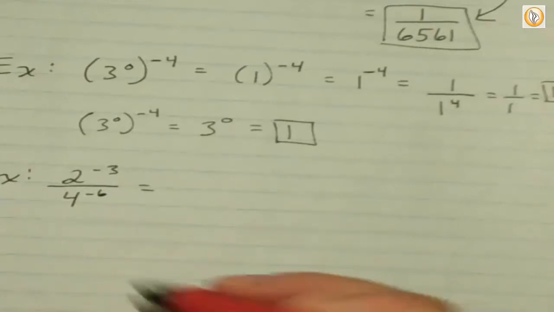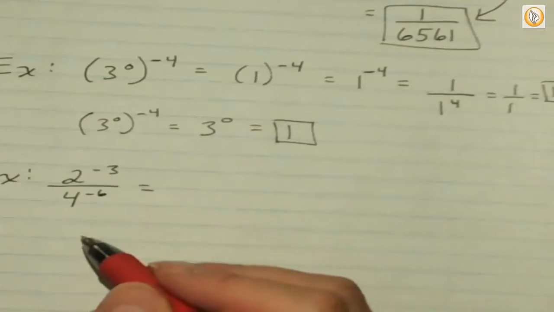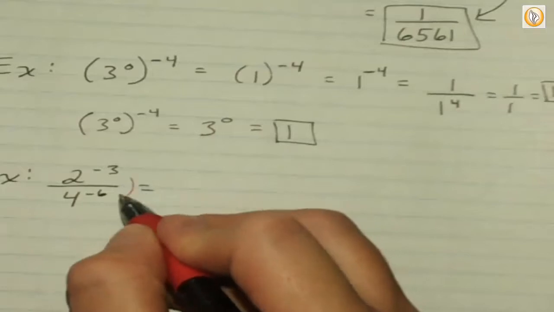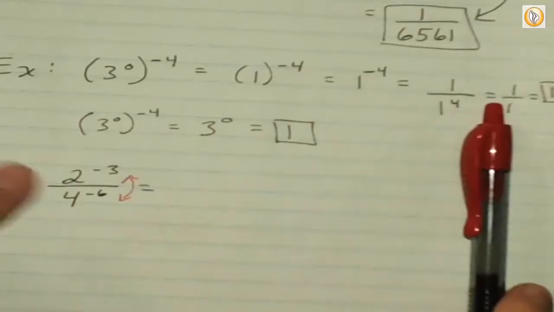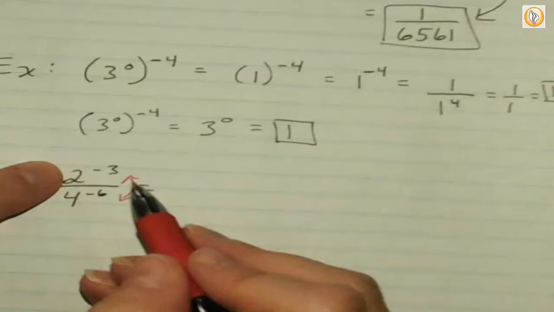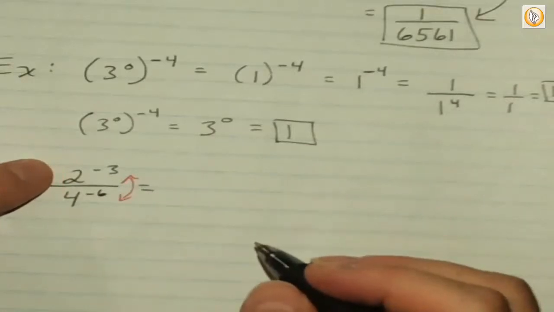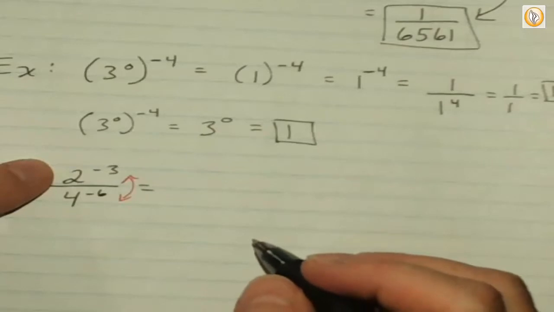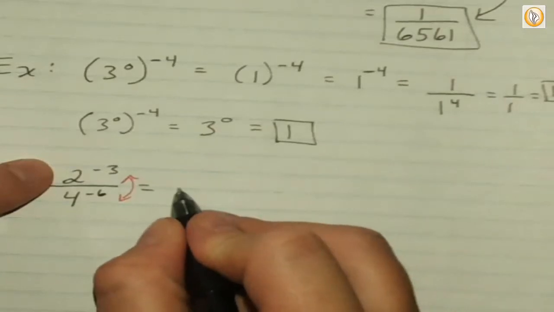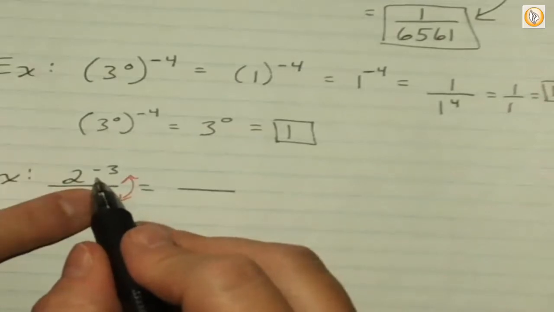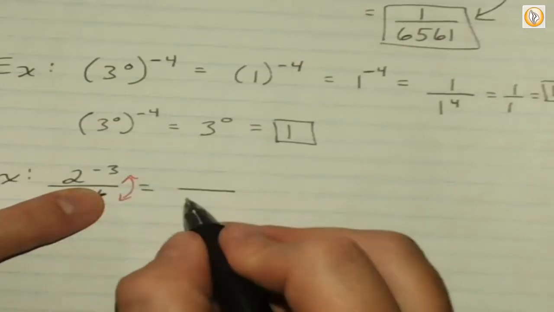Cecilia, can I have a negative exponent? What do I need to do? Where do I need to put it? In the denominator, right? Because it's not always going to be under 1. So this needs to be in the denominator.